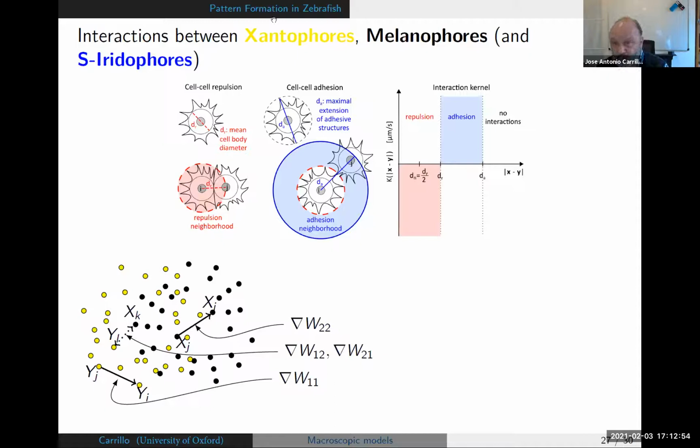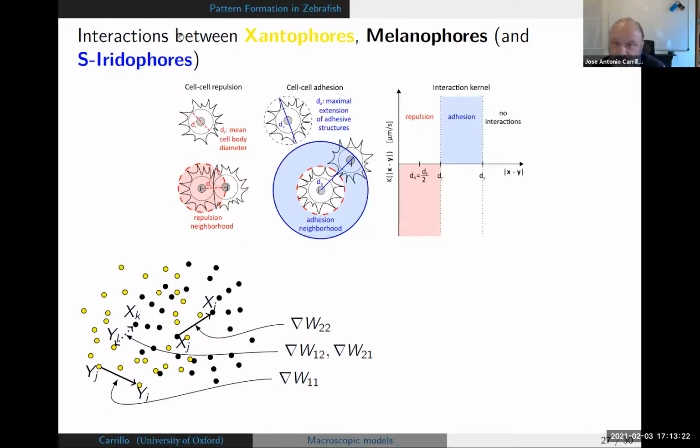The xanthophores, which lead to the yellowish orange color in the skin of the zebrafish. The melanophores, which lead to the bluish black color on the skin, and the iridophores, which lead to the silverish color in the skin of a fish in general.